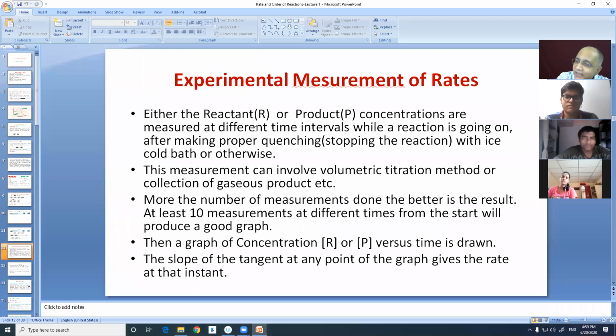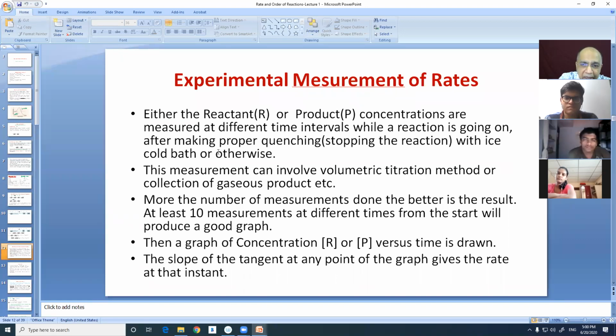Either the reactant or product concentrations are measured at different time intervals while a reaction is going on.